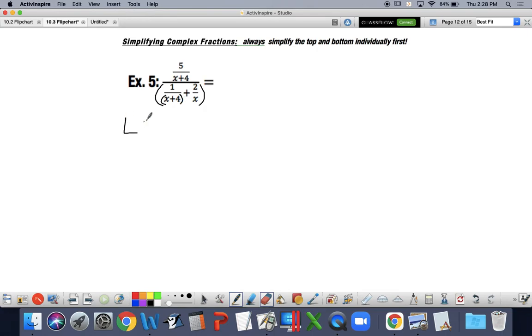So my least common denominator for this denominator is going to be x times x plus 4. I need to have both of those denominators represented. So that first fraction there, that's missing the x part. So I've got to add that in.